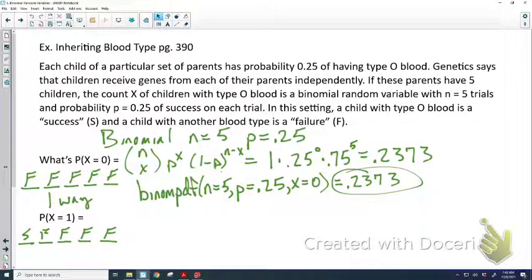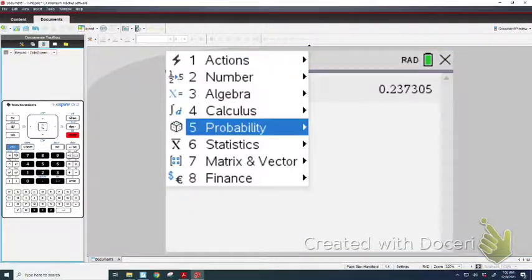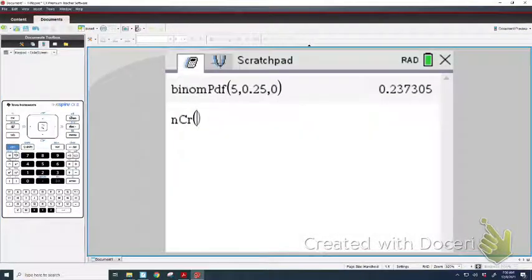So if you're curious, the combinations formula, where is that? Probability and combinations. And you would type 5, 0, one way.